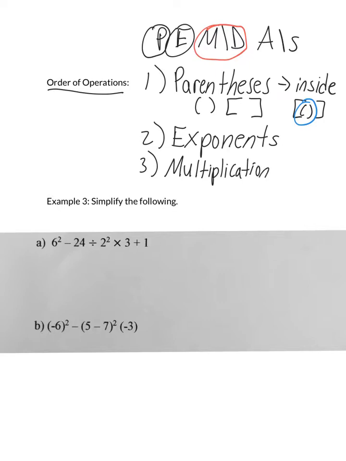So multiplication slash division from left to right. You read a math problem just like you read a book, from left to right. But whatever comes first, if you see division from left to right before multiplication, you would actually do the division first. And I'll explain it better when we see some examples here in a couple minutes.